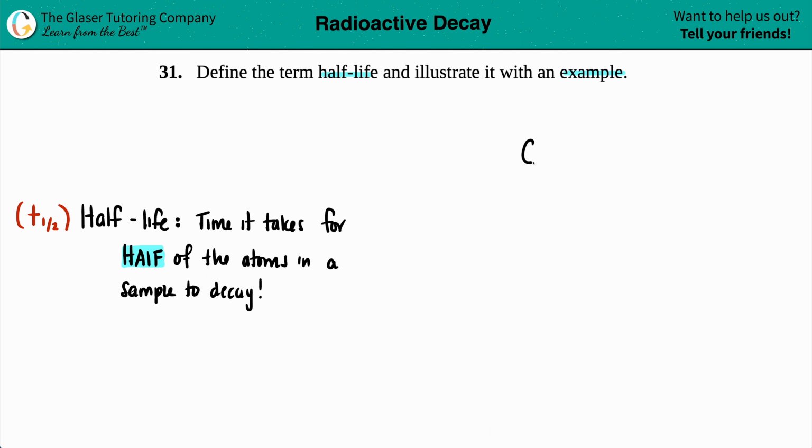So let's do carbon-14. Carbon-14 is a radioactive material. It is not the most stable form of carbon. It has 14 as its mass number. Carbon-12 is the non-radioactive, stable form of carbon.